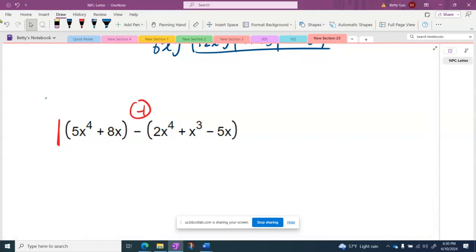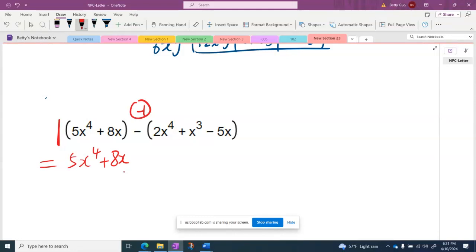The first parenthesis has coefficient 1, and we know 1 is the multiplicative identity. 1 times anything is just the thing. So the first parenthesis, we could literally remove it and keep the two terms exactly the same way they are.